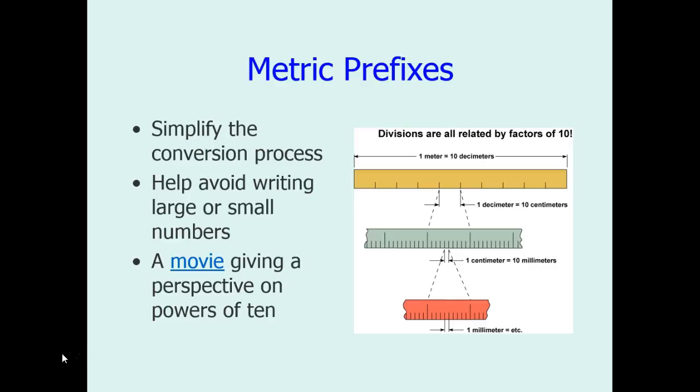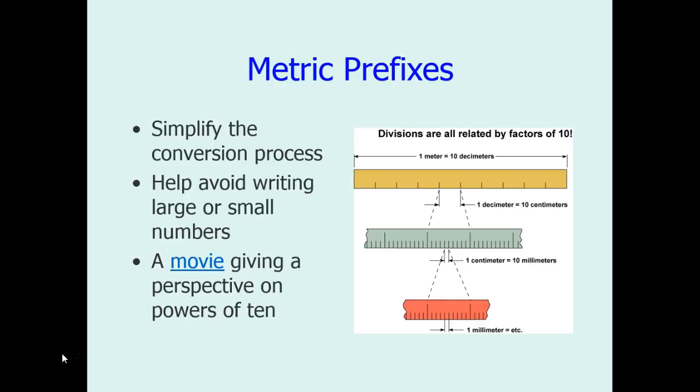Okay. Now, the metric prefixes. It simplifies the conversion process because everything's made out of base 10. Let's just assume this is a meter. That's a lot shorter than a meter. Remember, a meter is this long. So let's assume that's a meter. And you split that into 10 equal pieces.